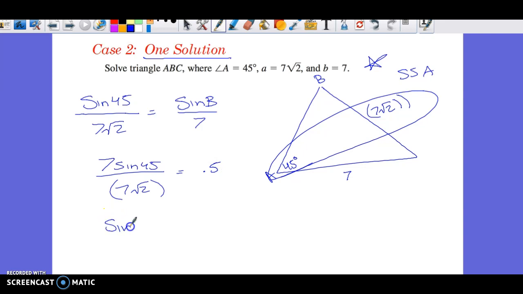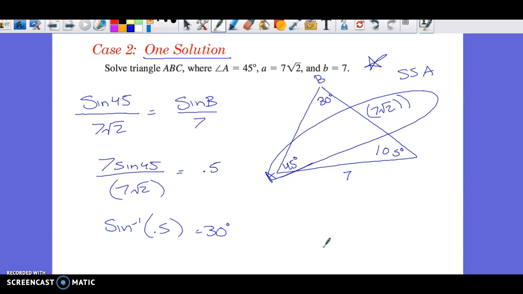Now you want to hit second sine of 0.5 and get 30 degrees. So I'm going to put that in B's place. Once you know the 2 angles, you can just subtract from 180 to get the other one. So that gives me 105.